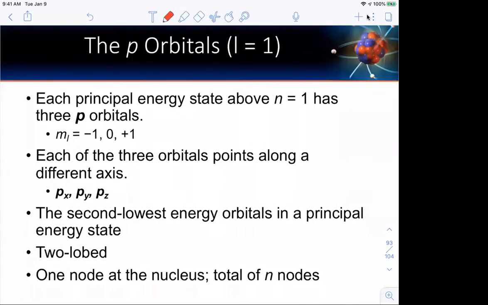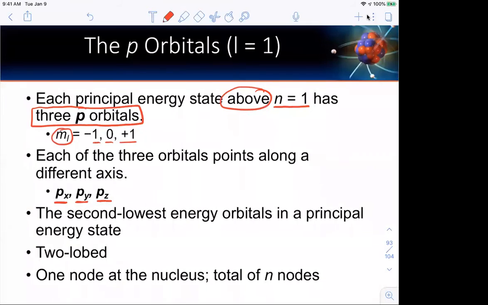When I have a principal energy state above n equals 1, it has to be 2 and higher, and then I can get that p subshell, which has 3 individual orbitals, 3 values of m sub l. Now, each of these orbitals points along a different axis. So the p sub x is pointing along the x-axis, the p sub y points along the y-axis, the p sub z points along the z-axis.